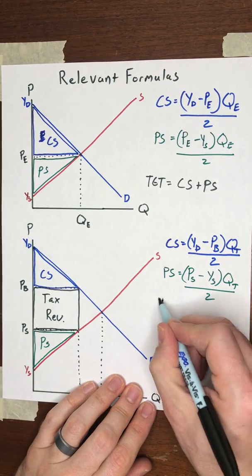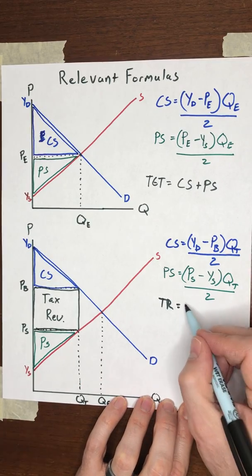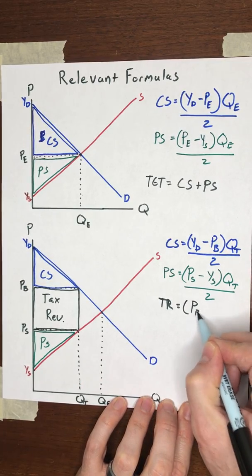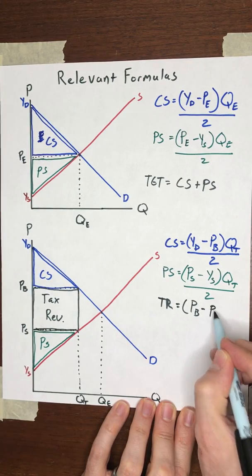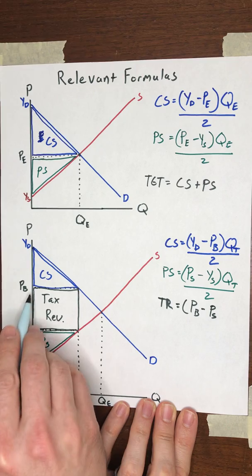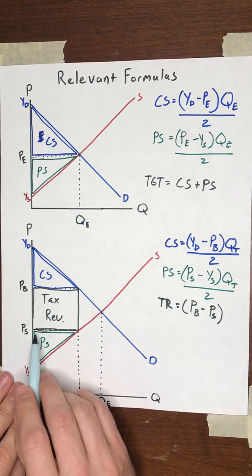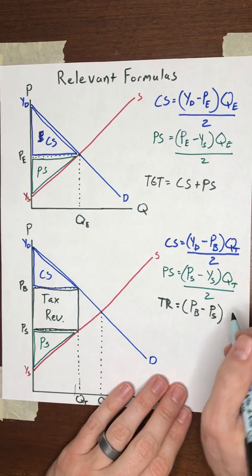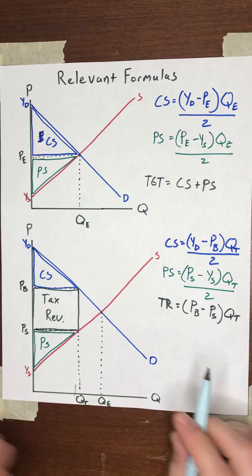So we'll call that TR, and that's going to simply be equal to the price the buyers pay minus the price the sellers receive. That tells us the height of this rectangle. I'm going to multiply by the length of the rectangle, which is QT, and that will be the total revenues.